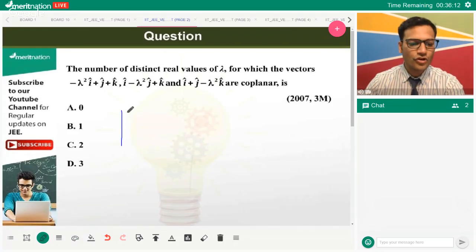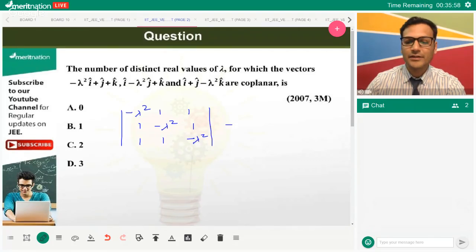You will just choose the components. It will be minus lambda square, 1, 1. This is from the first vector. From the second vector, we get 1, minus lambda square, 1. And from the last one, it will be 1, 1, minus lambda squared. So this scalar triple product must be equal to 0.